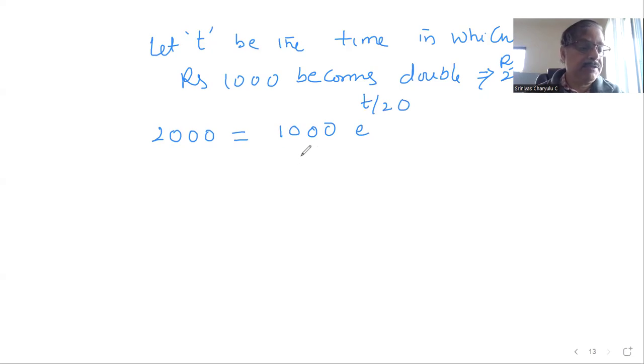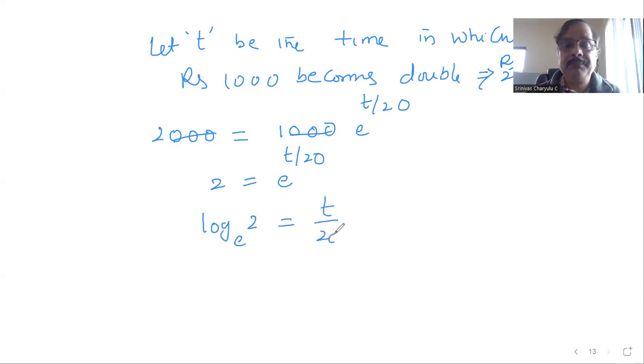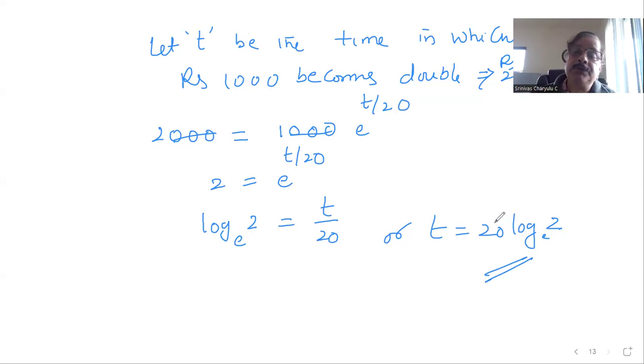We can cancel the zeros on both sides: 2 is equal to e to the power of t by 20. Correct or not? Therefore, log of 2 to base e is equal to t by 20, or t is equal to 20 log 2. So this is the time required for your 1000 to become 2000.